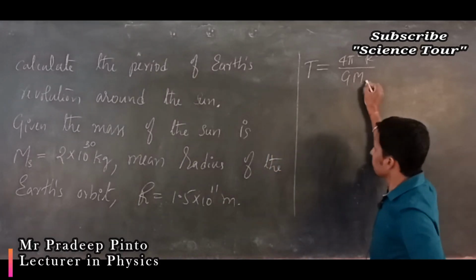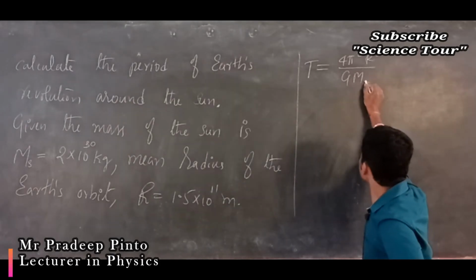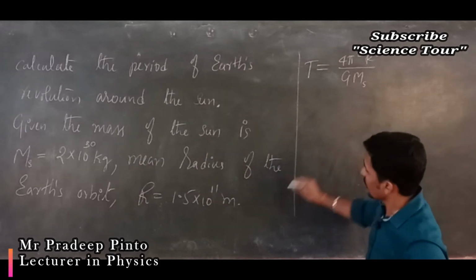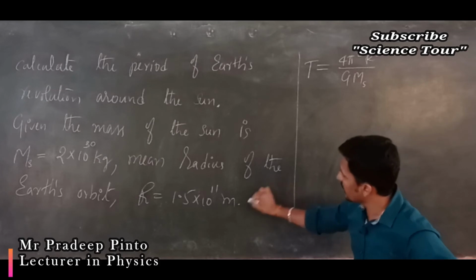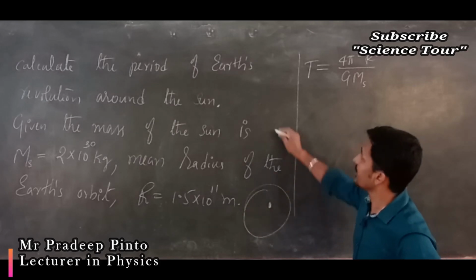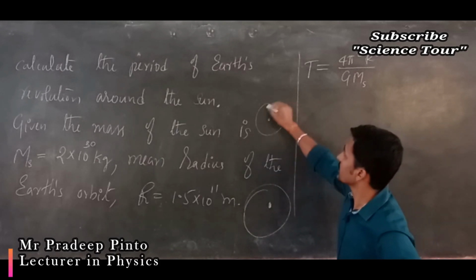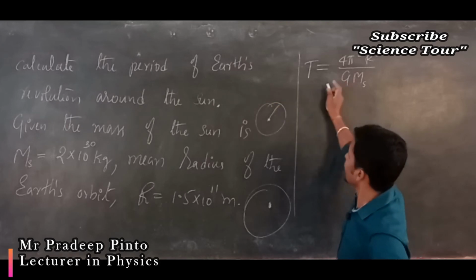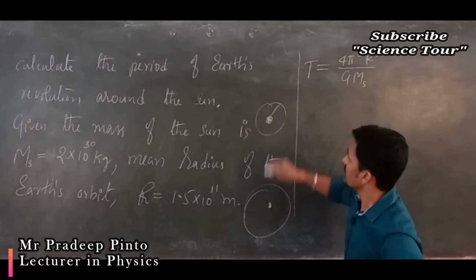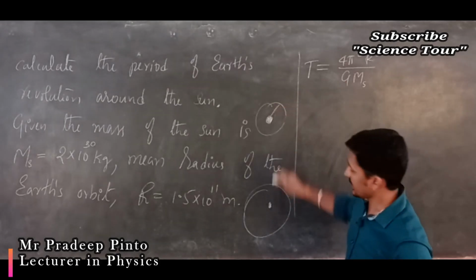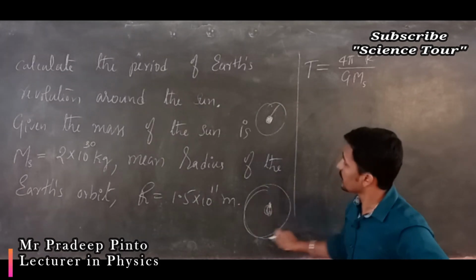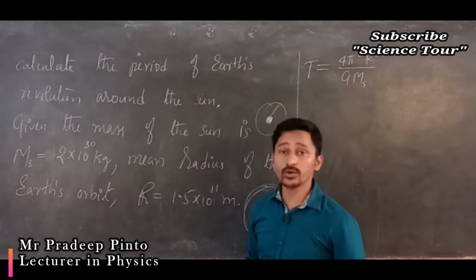To find the time period of Earth, you have to put the mass of the sun, because Earth rotates around the sun like a satellite rotates around the Earth. For the satellite, the mass of the Earth is responsible; here the mass of the sun is responsible for rotating the Earth around it.